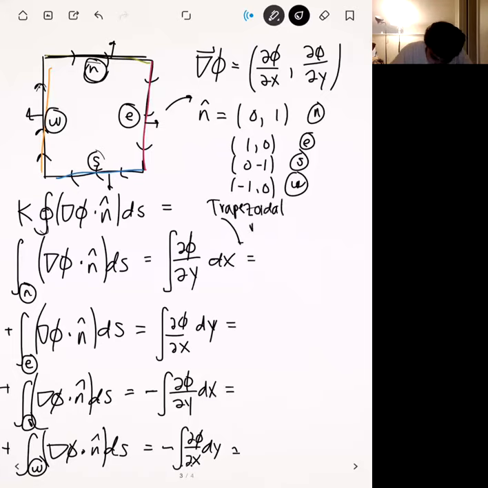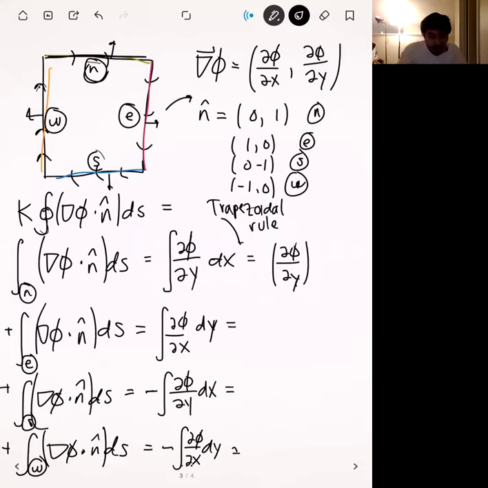For the trapezoidal rule, we approximate these integrals by taking the integrand, whatever the function was inside. The integrand for this first one is partial phi partial y. Then we multiply it by the size of the integration domain.